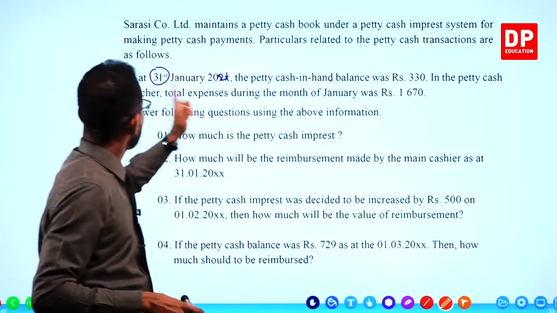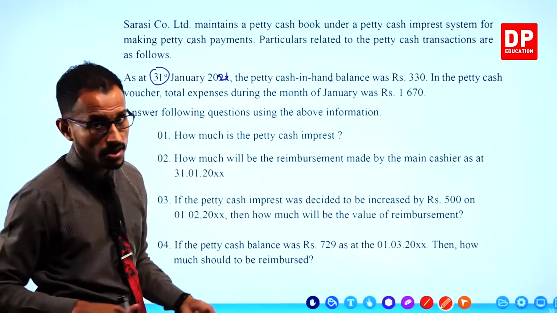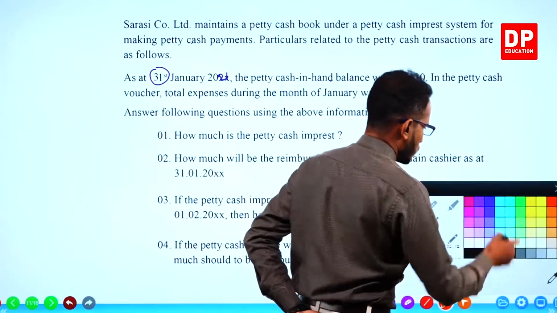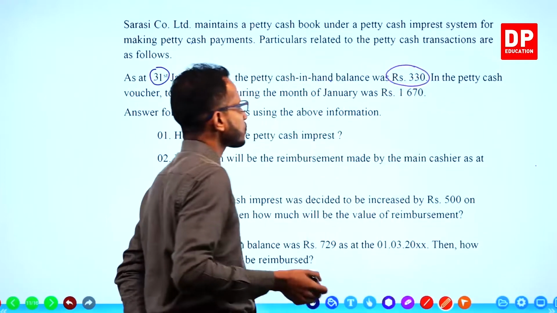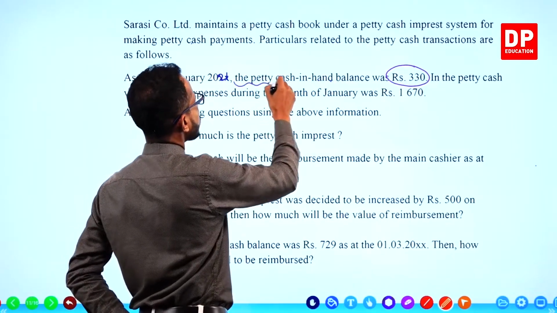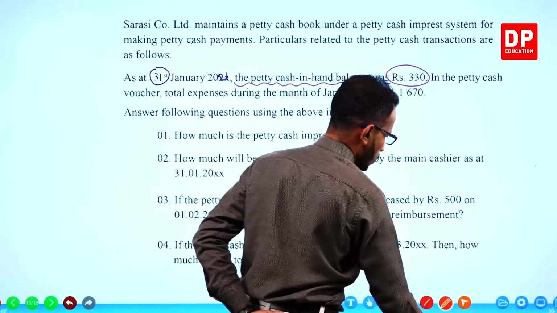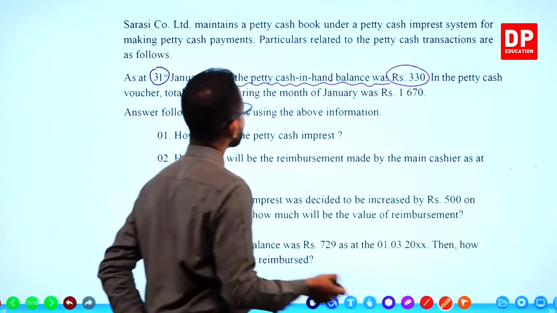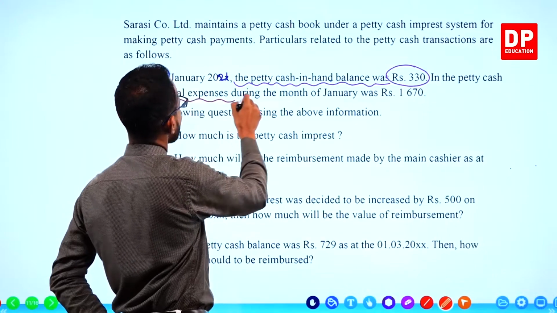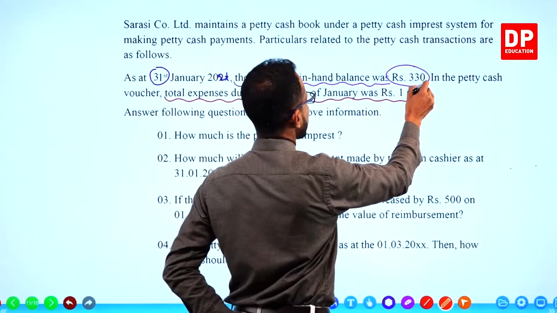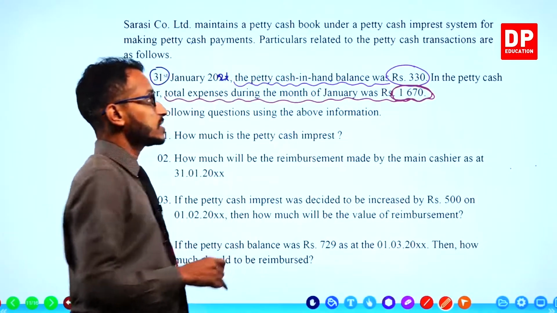In the petty cash voucher, total expenses during the month, 1,670. That's the important information. We have a balance of 330. And total expenses during the month, 1,670.